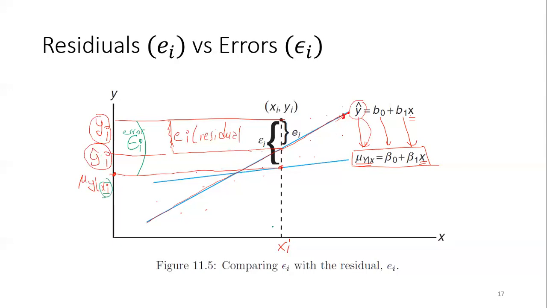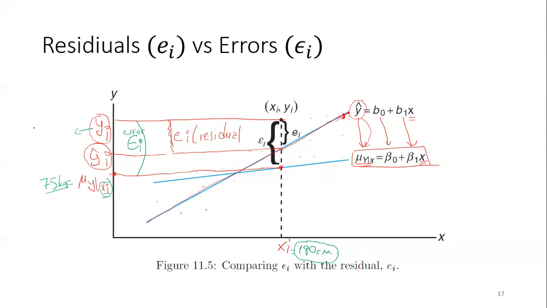So for example, if xi is equal to, let's say, 180 centimeters, and the mean is 75 kilograms, it means that the real mean weight of people who are 180 centimeters tall is 75 kilograms.